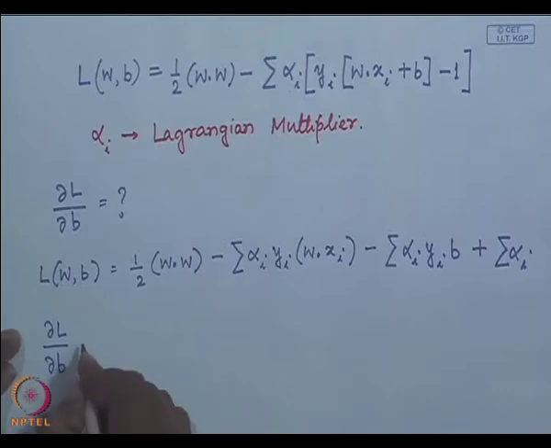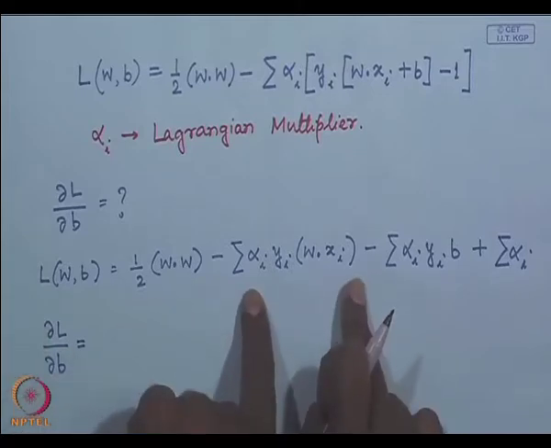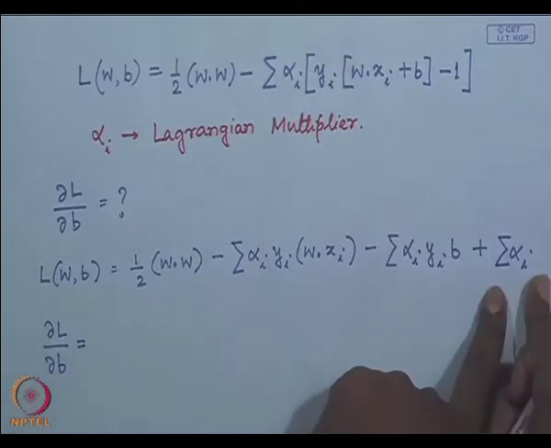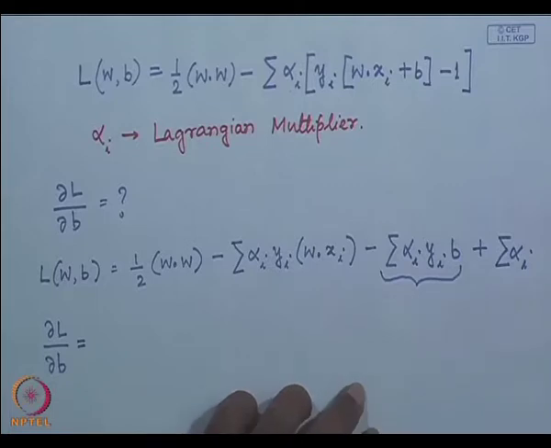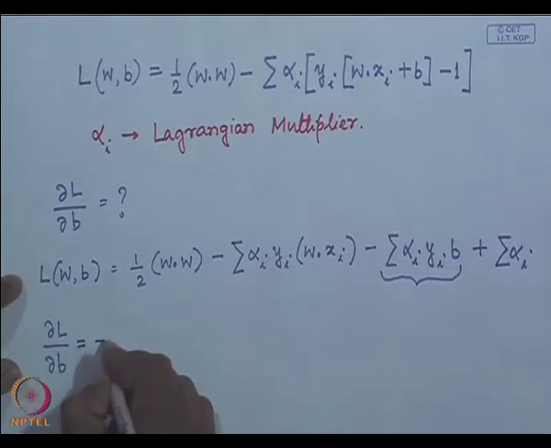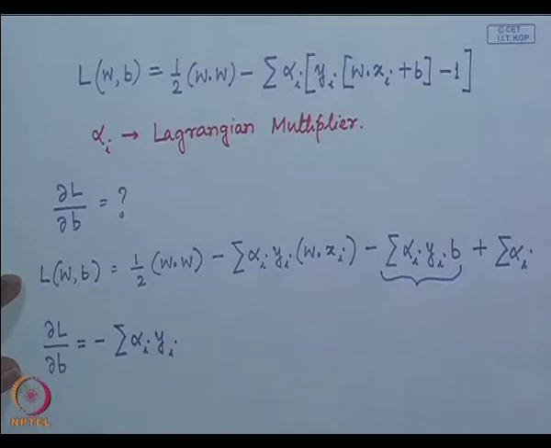So, for del L del b, obviously from here you find that this is independent of b, this is independent of b, this is also independent of b. So, the only term which involves b is this. So, del L del b will be simply minus sum of alpha_i y_i, and that has to be equal to 0.